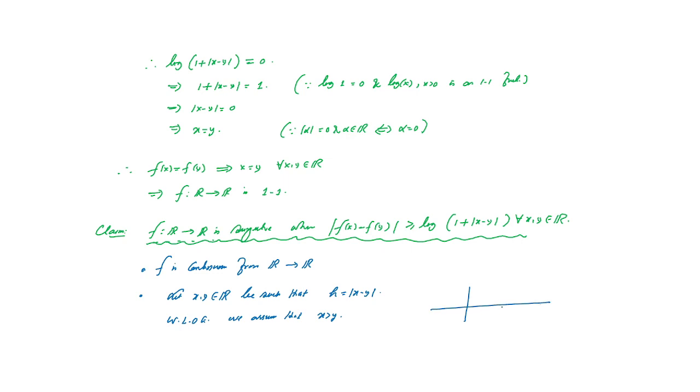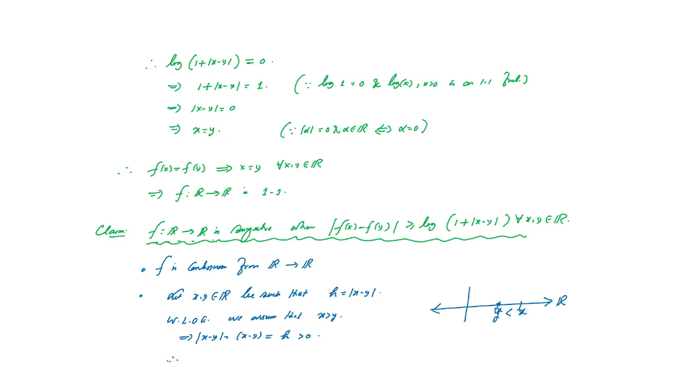So here we assume this is your real line. So here x and this is your y. X is greater than y, that means this is your x and this is your y. So in that case, x minus y, that modulus will be mod of x minus y, and this is basically our h, and h is also greater than 0.